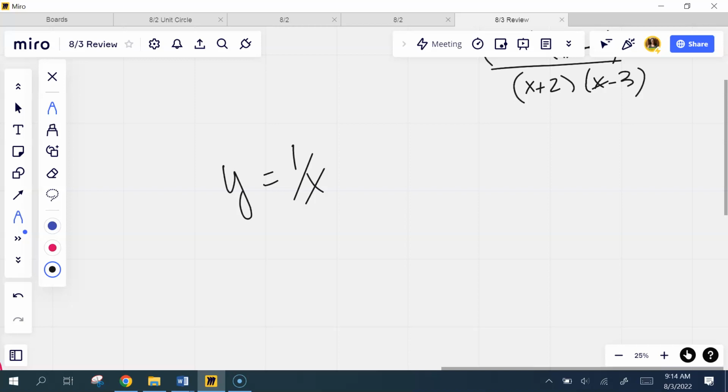What are any domain restrictions I have there? What can x not be? 0. Is it a hole or an asymptote? Why? The bottom is 0, nothing cancels. Does that make sense?